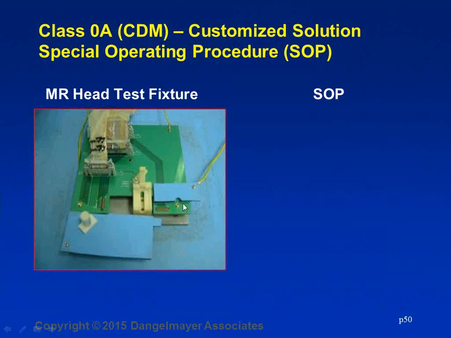To reduce that, we installed this static dissipative mat in this location and grounded it immediately adjacent to the connector at the same elevation. Why is it at the same elevation? Because of the formula you may recall, the charge Q equals capacitance times voltage.